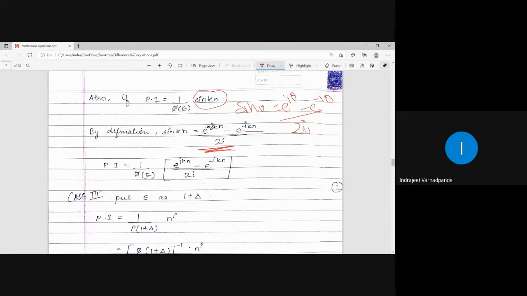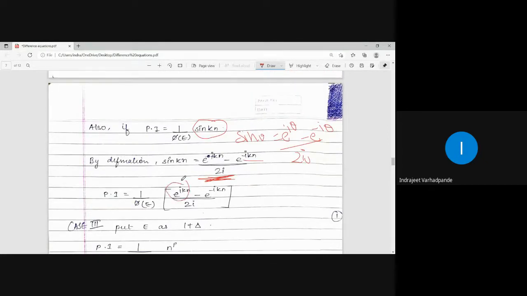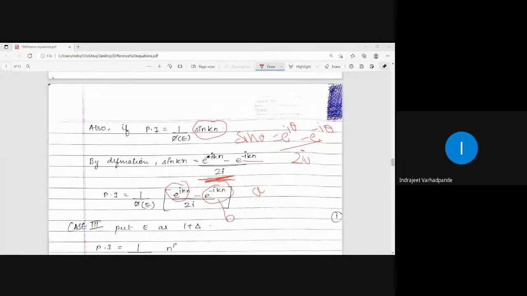So it is e to the power ikn minus e to the power minus ikn upon 2i. Separate these two, take out 1 upon 2i outside, operate this phi of e on e to the power ikn, operate this phi of e on e to the power minus ikn, put e to the power ik as a, e to the power minus ik as b, and proceed as we do in case number 1. So initially this problem looks like cos kn and sin kn, but later on it is converted to case number 1 by proper assumption. So this is all.